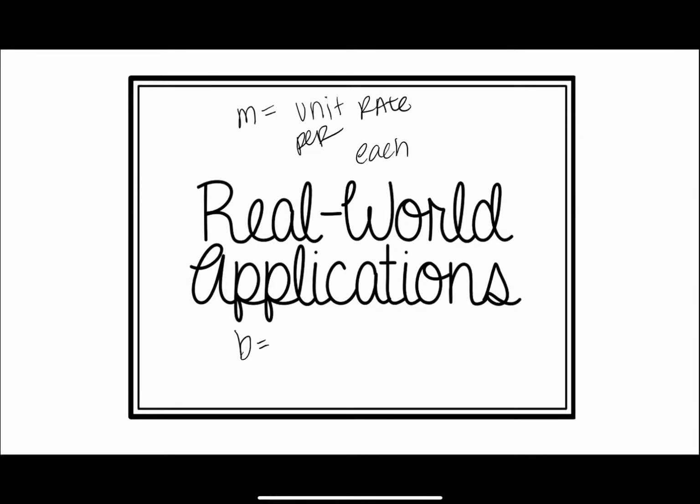When they're talking about the B value, our y-intercept, they're going to say something about the beginning or starting or initial value, because that's where you start on the graph.